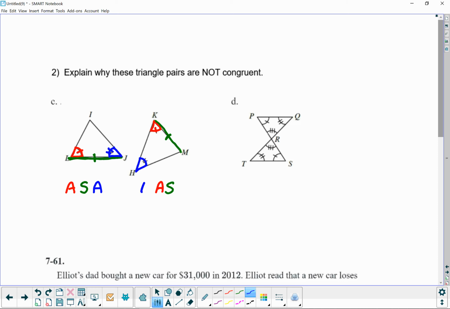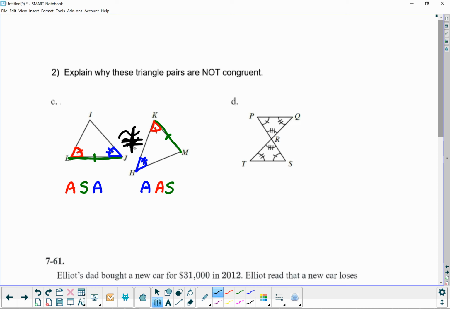So if you're going to count that, it's going to be an angle, then an angle, and then the side, versus this one's angle, side, angle. So although they have the same angles and the same sides, they're not in the same order. That means they're not going to be congruent. So these two right here, we can say are not congruent.